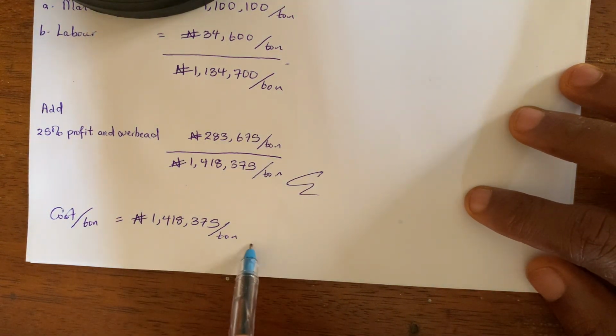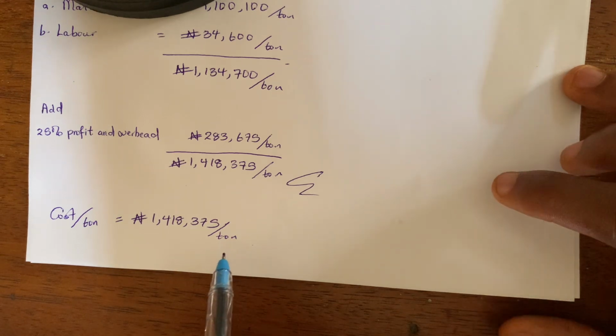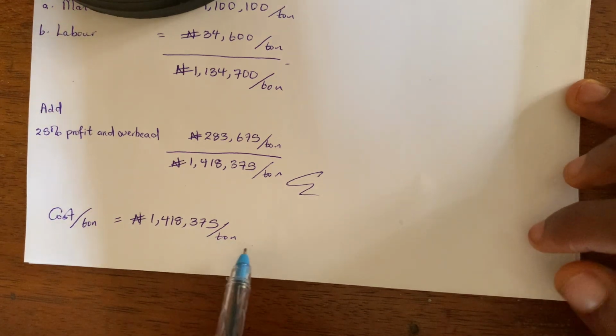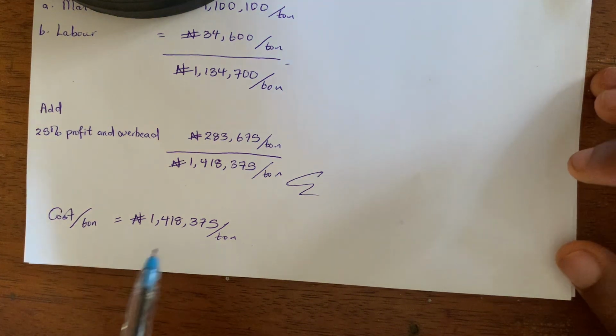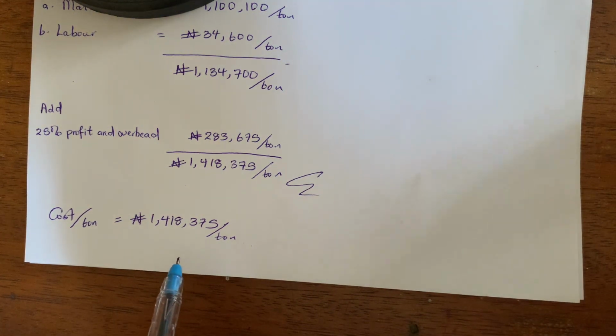So this is what you are going to be taking to your bill of quantity and multiplying by your quantity. For example, let me be practical: this 12 mm reinforcement is going to be used for your column footing, and you calculated 0.3 as the total quantity of 12 mm rods that will be used for that column footing.